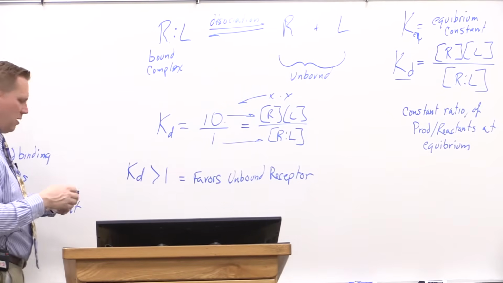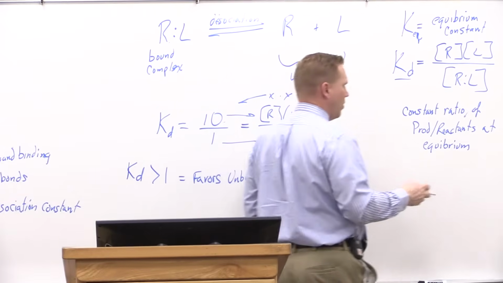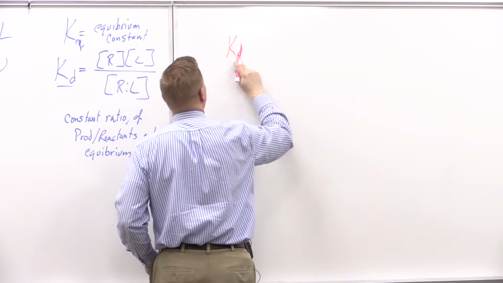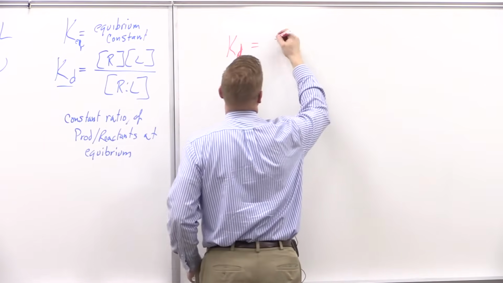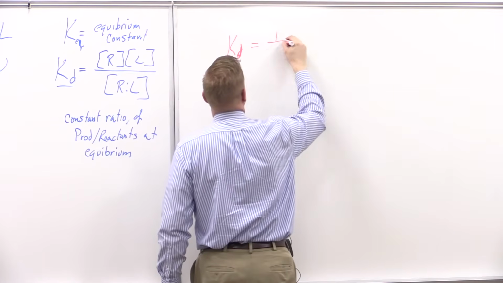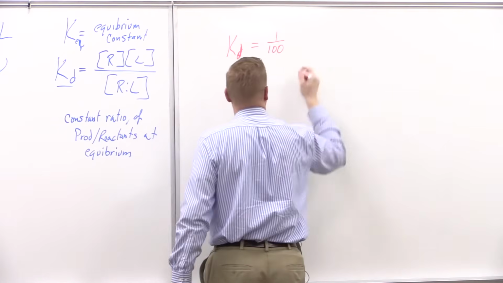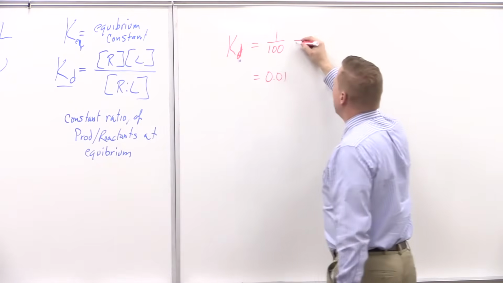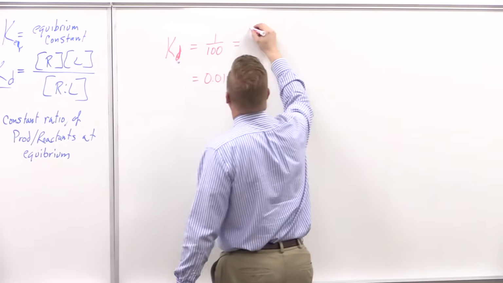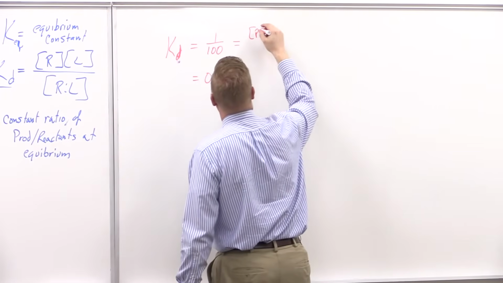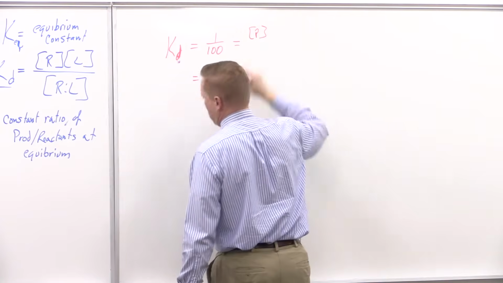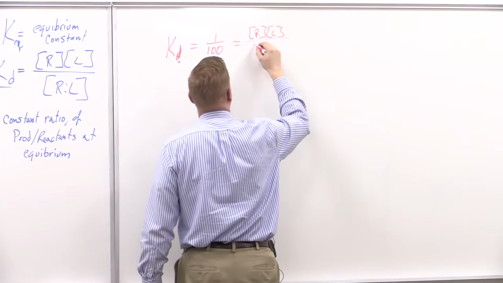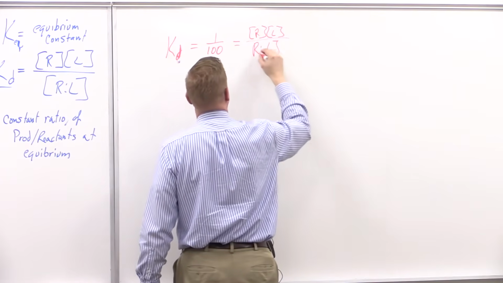On the other hand, let's consider a Kd that was equal to, I don't know, 1/100th, or we'd say that could also be 0.01. In this scenario, again, if we write up our formula, we'd have the concentration of the products, R and L, over the concentration of the complex.